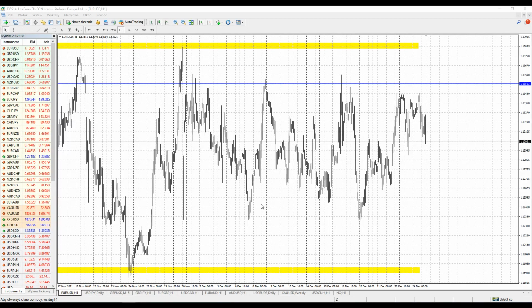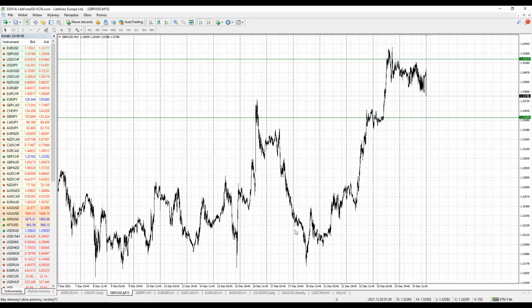You can also try to build your filter for confluence based on Fibonacci retracement. But again, if we have a range trade, it might be a little bit different from a market which is, let's say, trending.